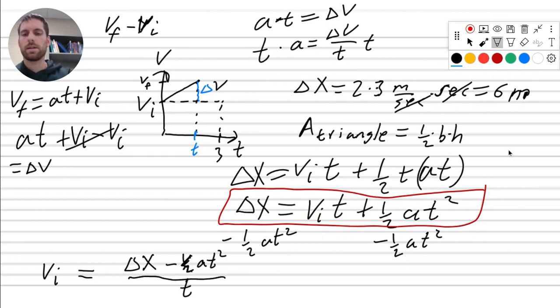And in mine, I think I simplified this so that t canceled here, and you had 1/2 a t and delta x over t, but same thing if you don't choose to do that. So here's our second one.